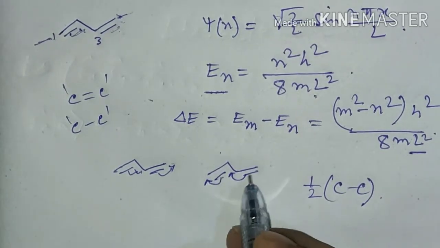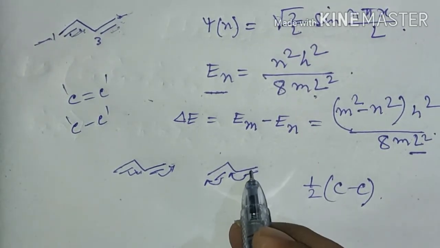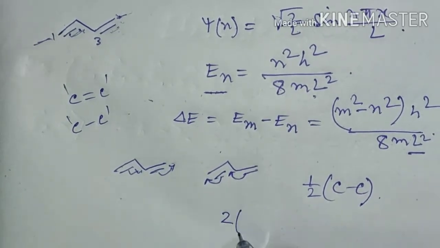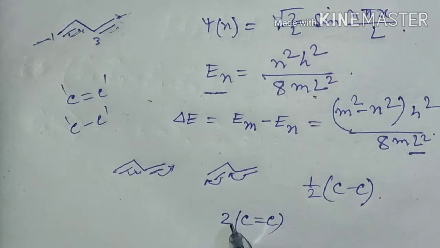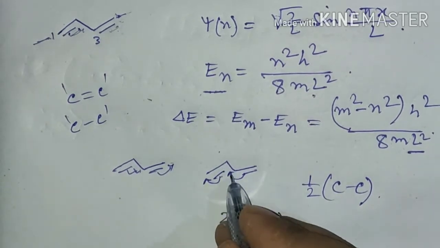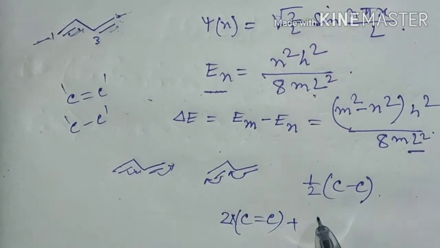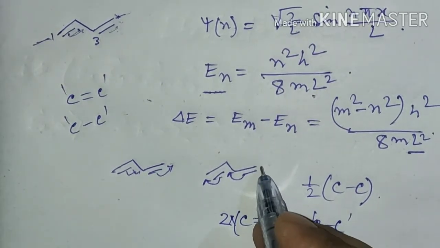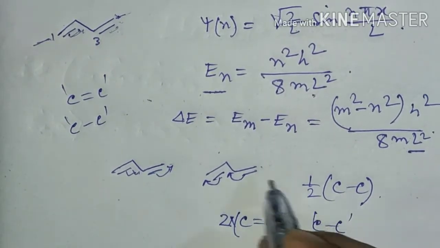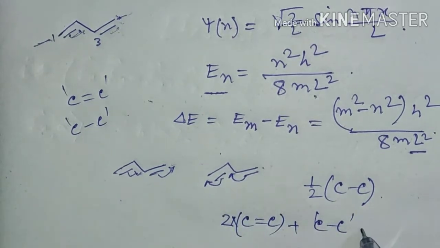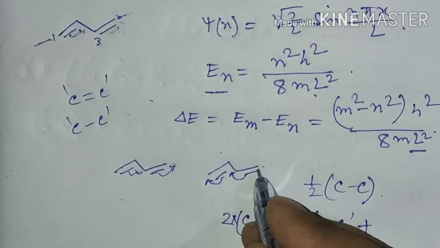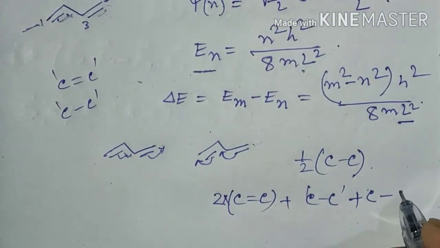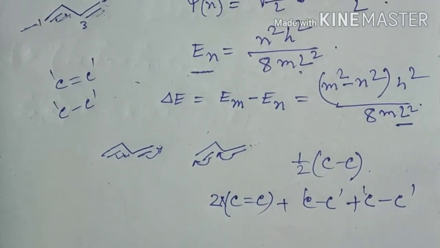Then the effective length of this conjugated system will be 2 CC double bond length, and here is one single bond, and since on each side half of the CC bond length increases due to conjugation, then in total on both sides half will increase, and in total there will be an increase of 1 CC single bond length.